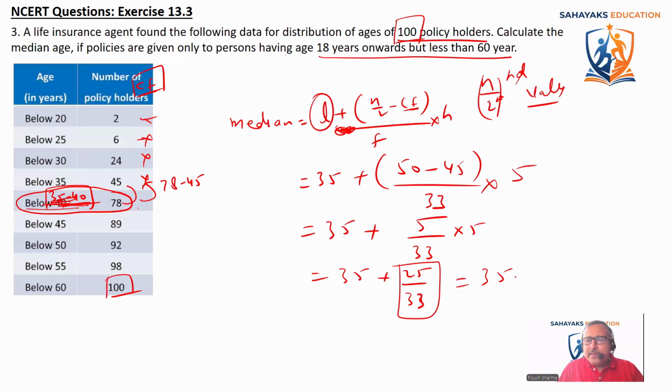It becomes 35 plus 0.75. So this comes as 35.75, which is the median. Okay. Let me just clear it up.